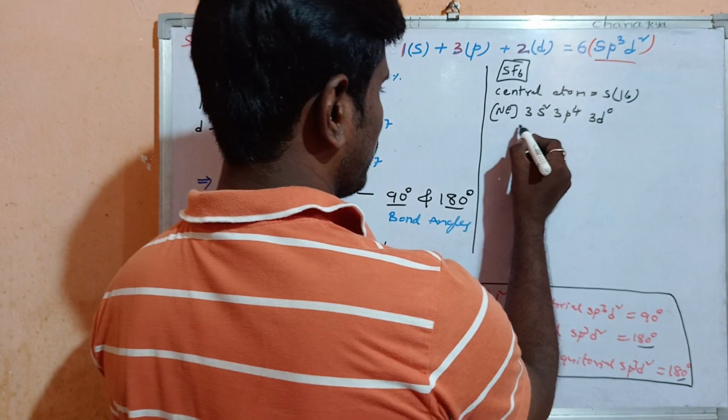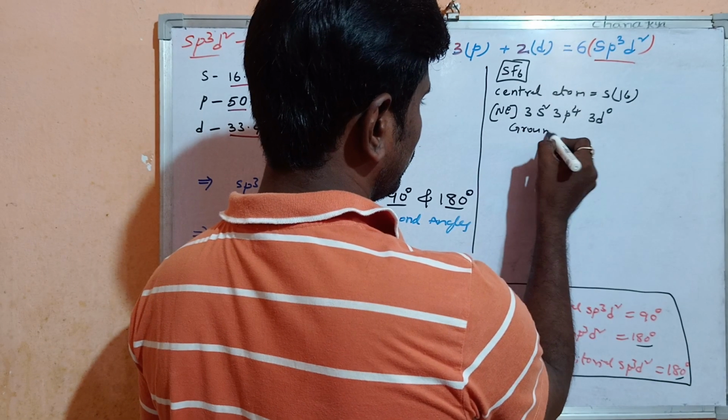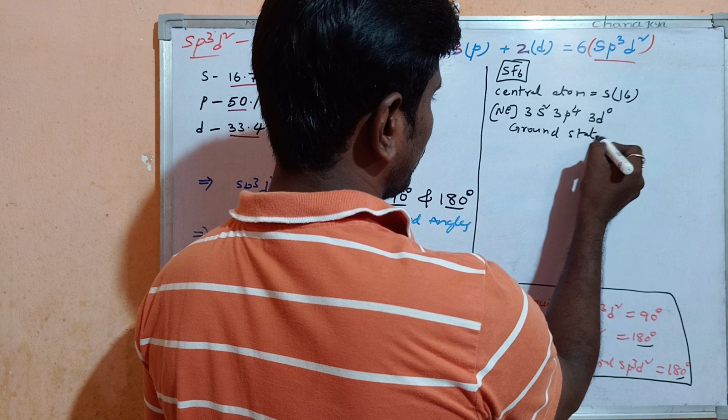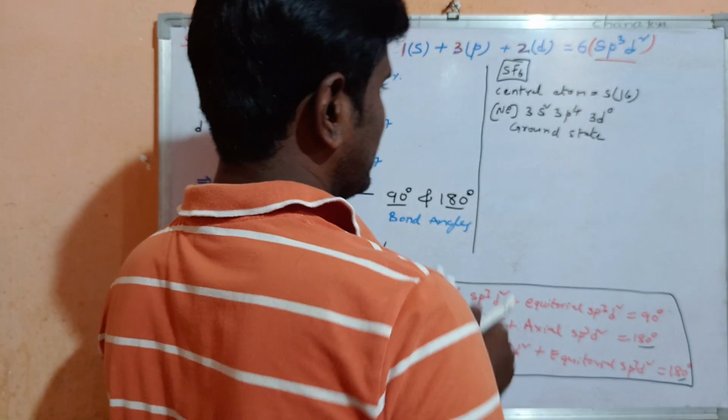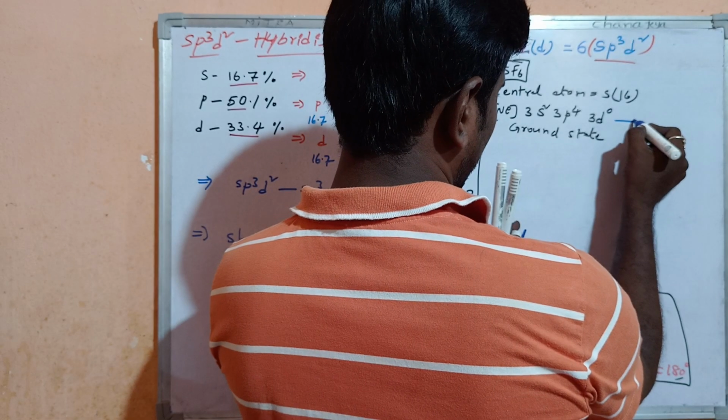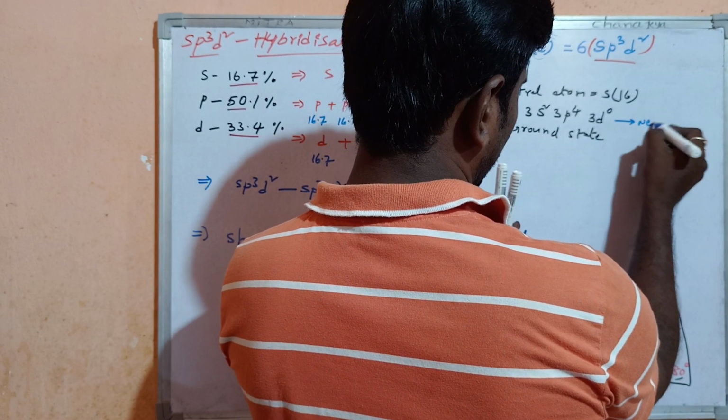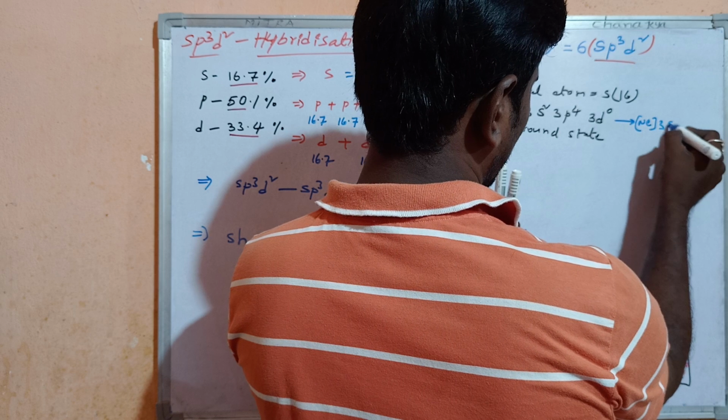It is the ground state electronic configuration. Okay, now how to take the excited state electron configuration. Neon 3s2.